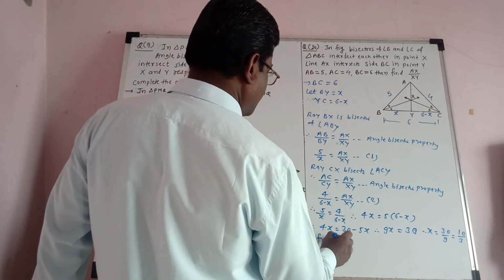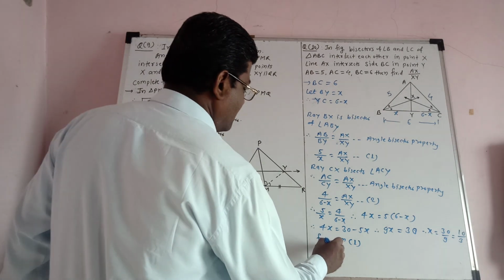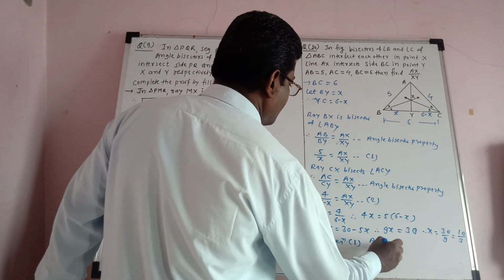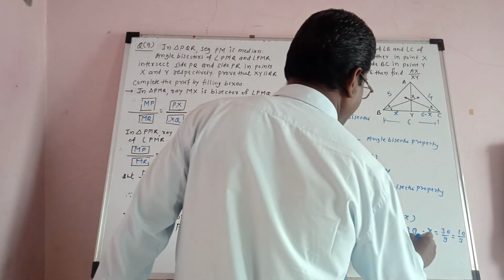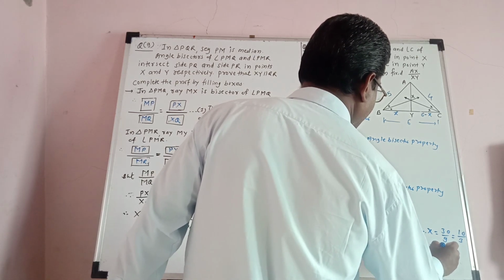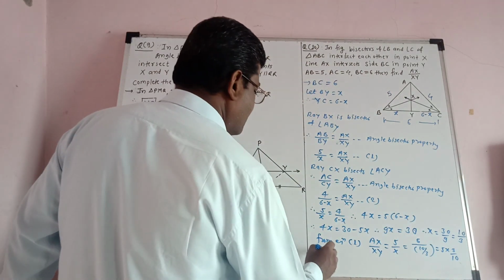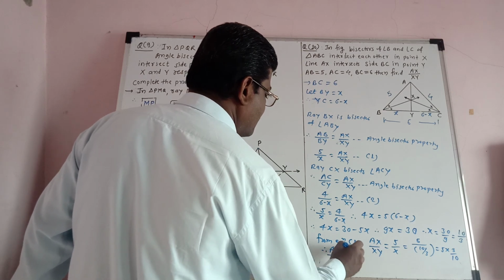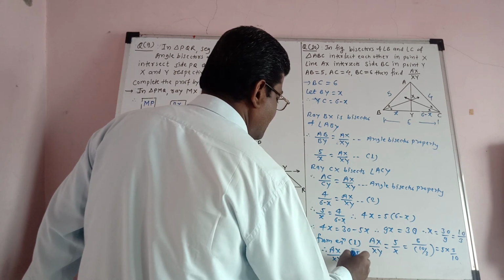Now from equation 1, AX upon XY is equal to 5 upon x is equal to 5 upon 10 upon 3 is equal to 5 into 3 upon 10. Therefore AX upon XY is equal to 15 upon 10.